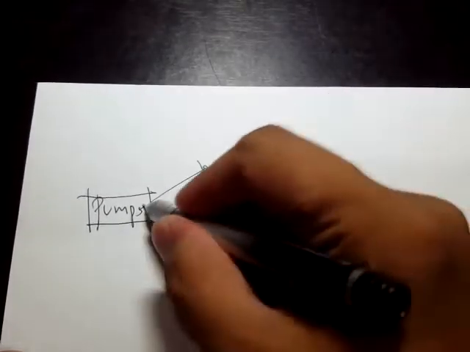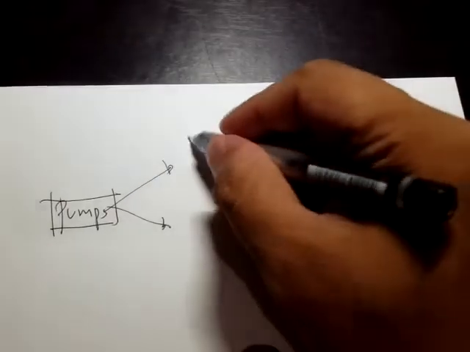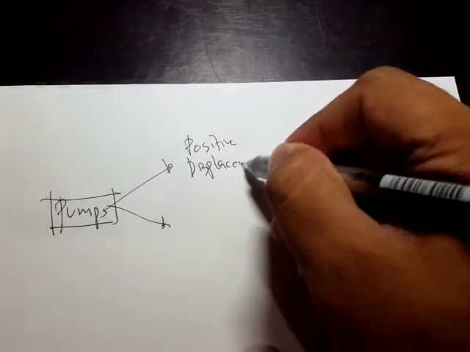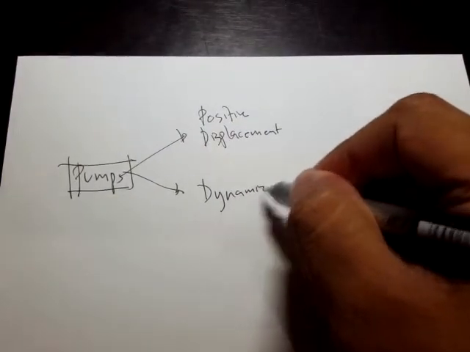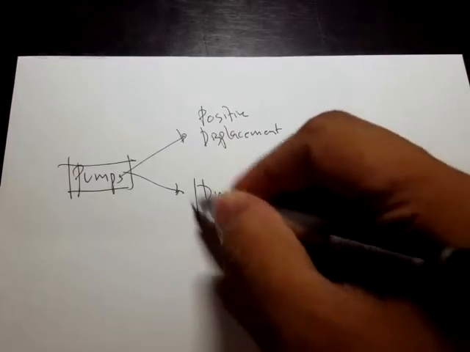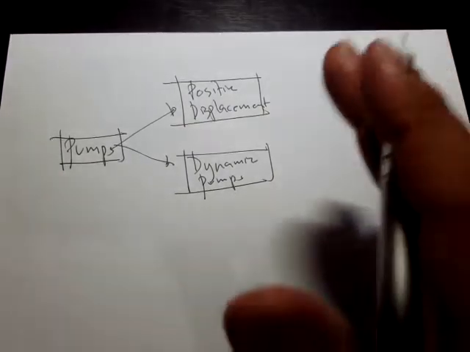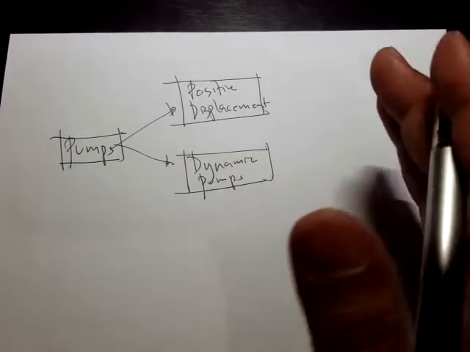Right, so let's write it here. Here's our pumps, and we said that generally there are two classifications. We have positive displacement, and we have kinetic pumps or dynamic pumps. Right, so from the word itself, actually, there's a difference in terms of how they add energy into the fluid.